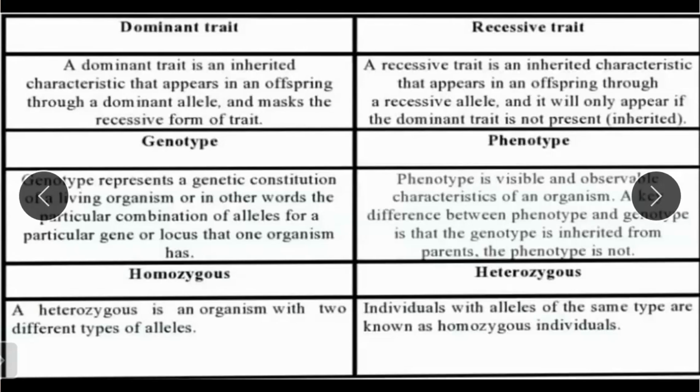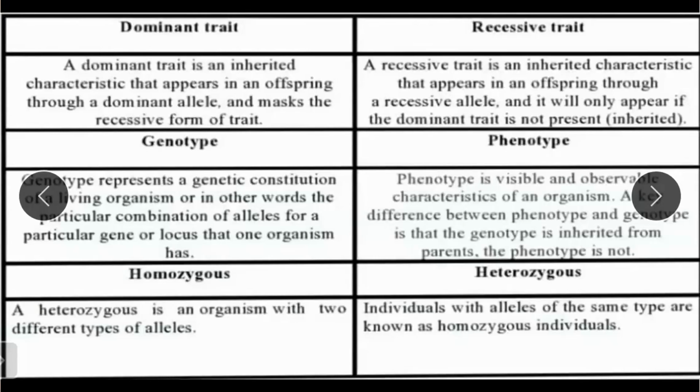Now, moving further to the next term, that is genotype. What is a genotype? Genotype represents the genetic constitution of a living organism, or in other words, the particular combination of alleles for a particular gene or locus that one organism has. Now, what is a phenotype?